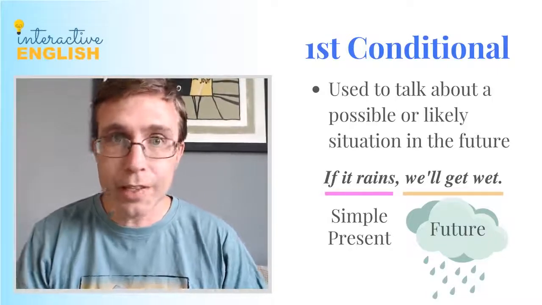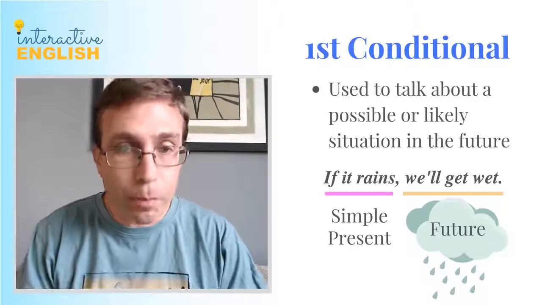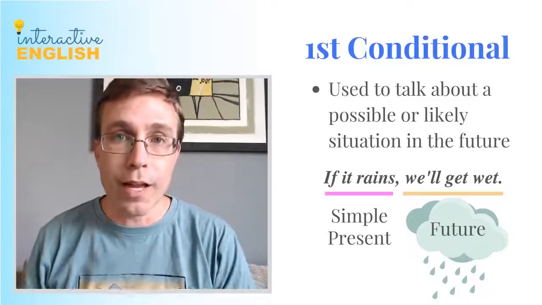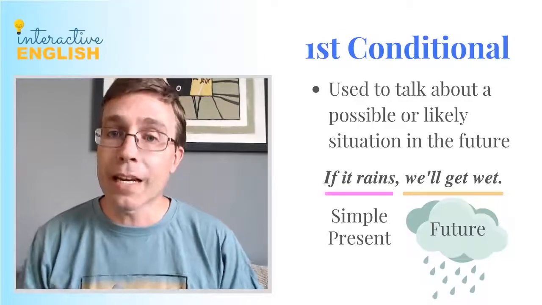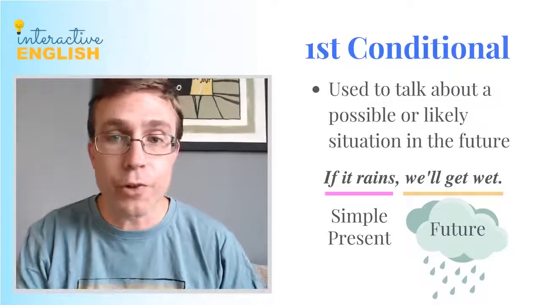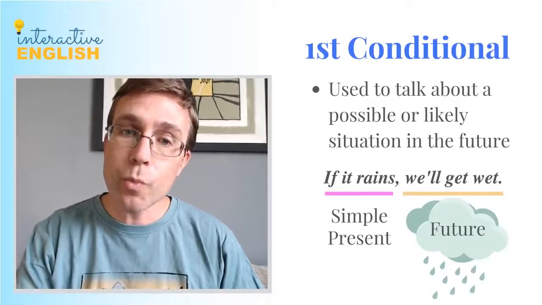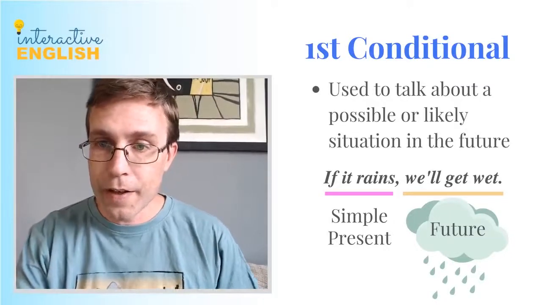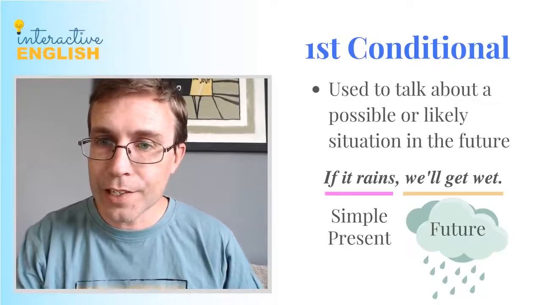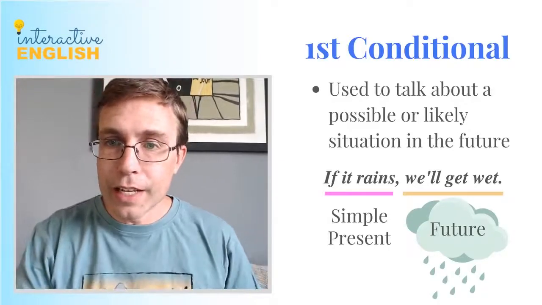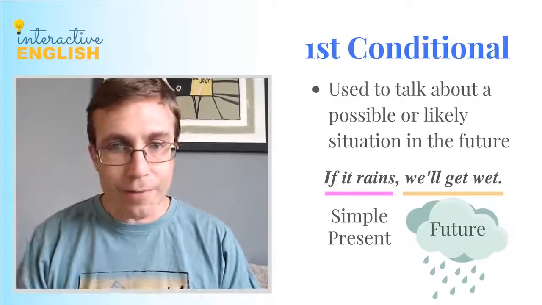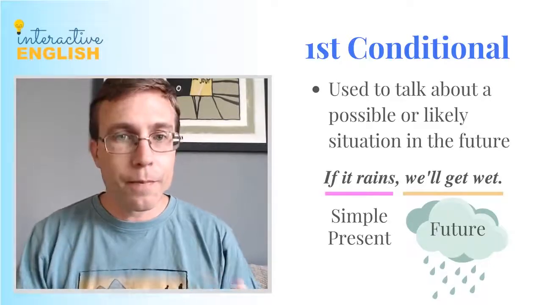So if it rains, that's my condition, simple present, will get wet. That's the result, my main clause, and that's where I'm using the future. If it rains, we will get wet. Okay? Excellent. Again, you can follow it, simple present, future, it makes sense.